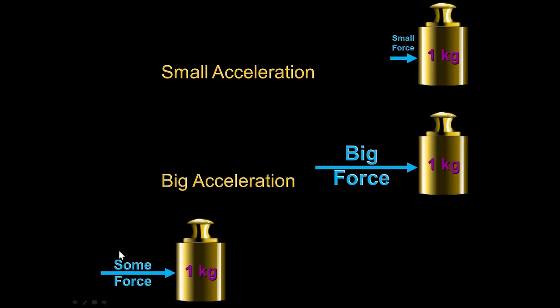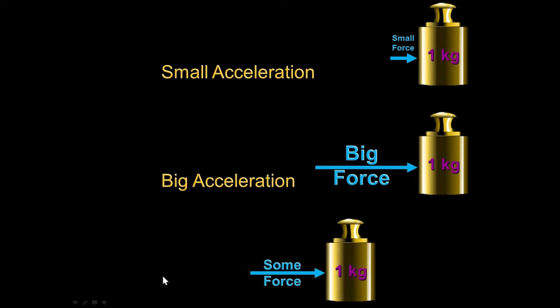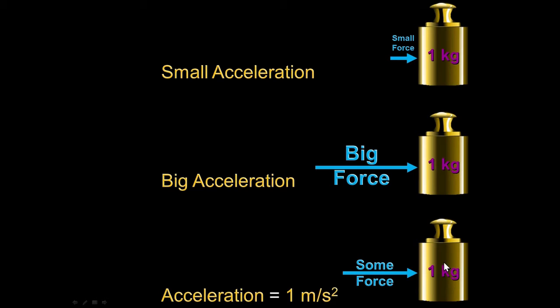But if some amount of force causes that 1 kilogram mass to accelerate at 1 meter per second squared, we're going to call that amount of force 1 Newton. And that's the very definition of what a Newton is.